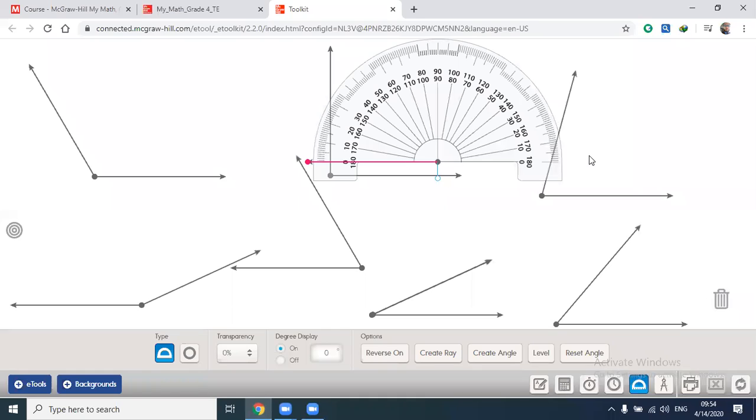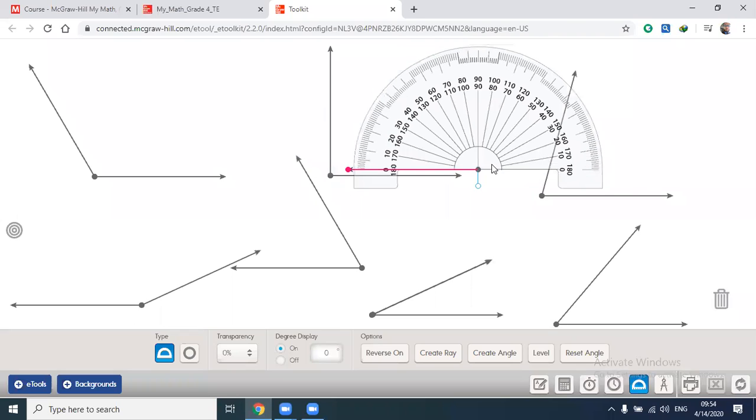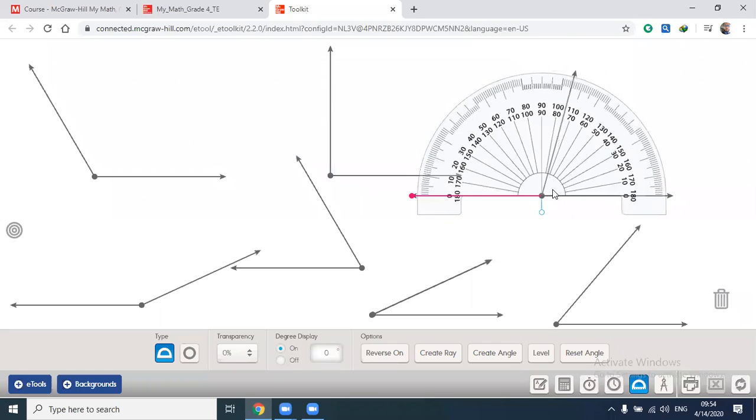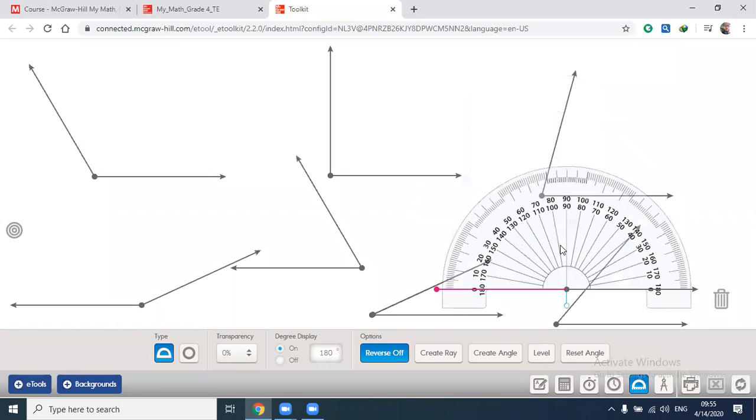If your angle opens to the right, place the center of the protractor on the vertex of the angle, or the end point here, and then count from 0 until you reach the other side of the angle.